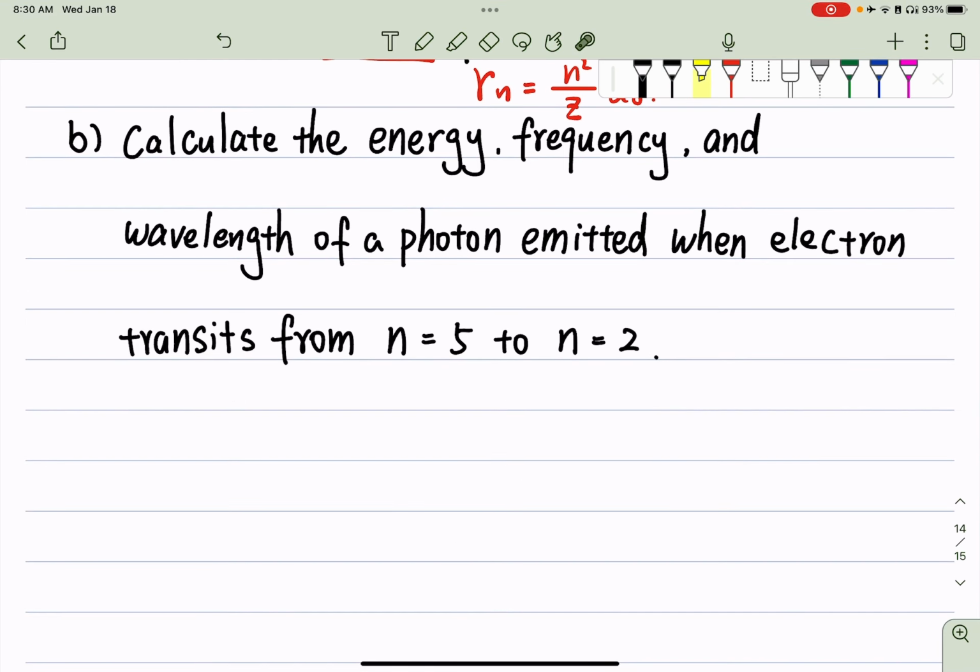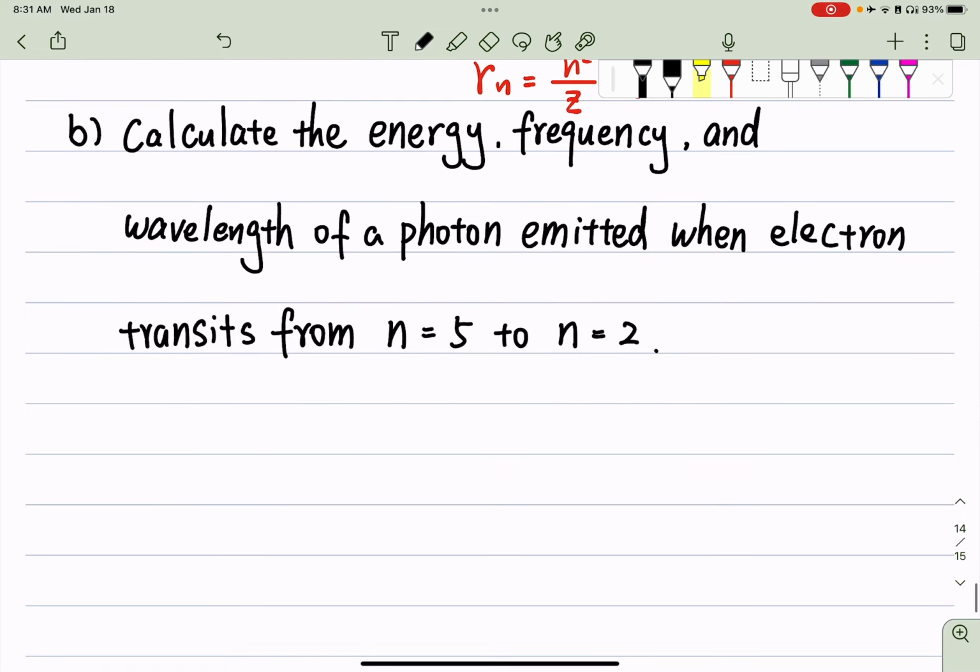Likewise, you could be asked to calculate the energy, frequency, and wavelength of a photon that's emitted when the electron transitions from n equals 5 to n equals 2. So I'm just going to quickly show you how to set up the calculation. You can try it yourself, and the answer can be found in our annotated notes. So say this is my energy diagram.